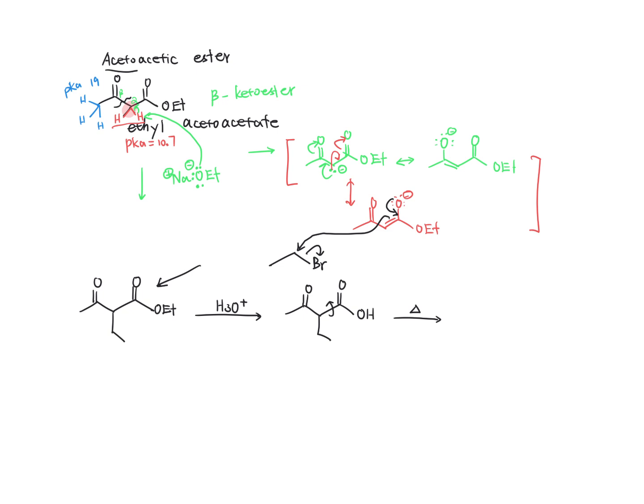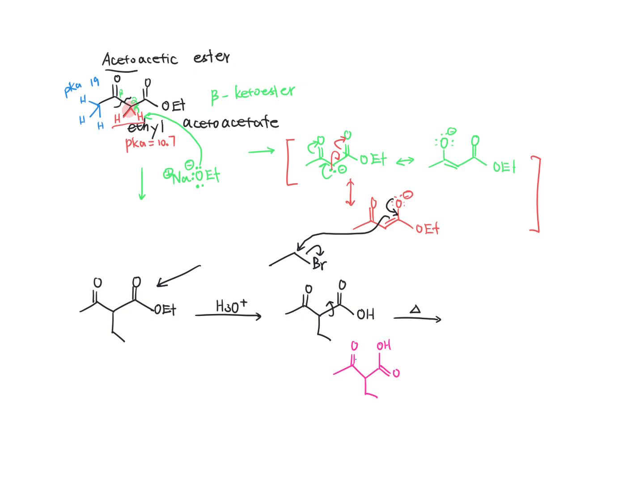decarboxylation. Let me draw this out first. So the bond will rotate, so that this time the hydrogen, the OH group, will be on this side. Now this process is going to kick out a carbon dioxide molecule.